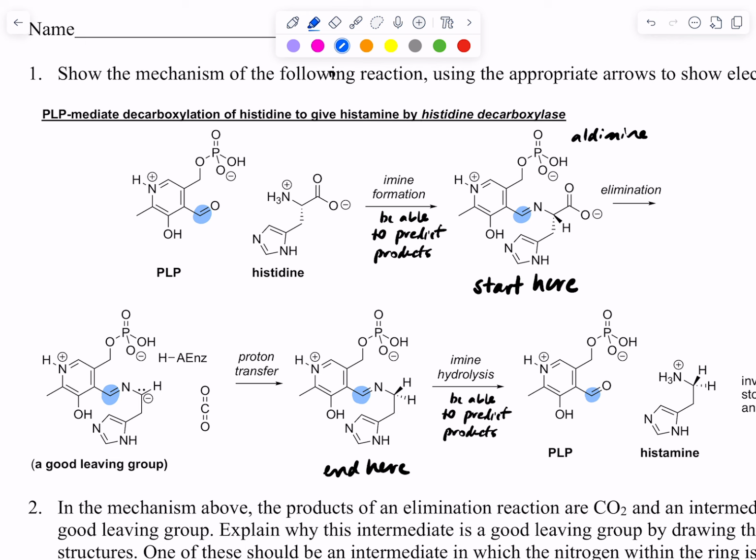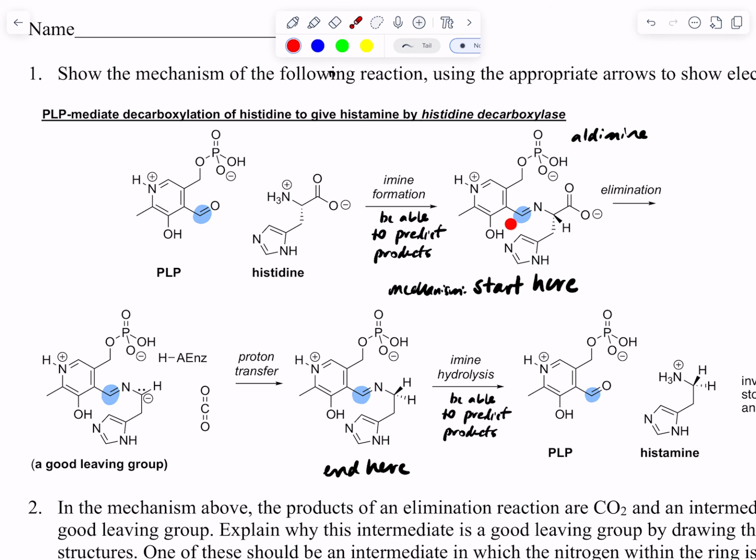Another question: when you say predict the product, do you just mean that where you have to start here, we should just know that that's the product? So start here means for the mechanism. But what I'm saying, and it's a reference to what we did yesterday, is that if I gave you these two things and said form the imine, I'd expect you to be able to draw this without help.